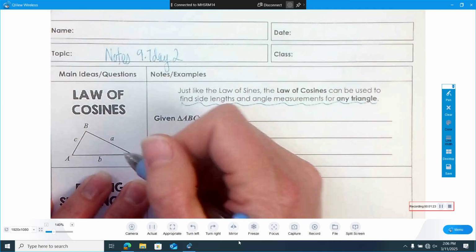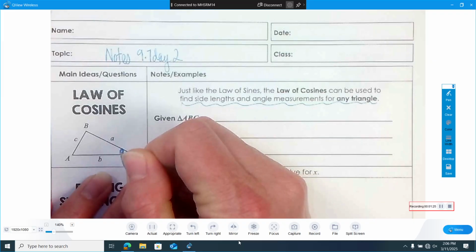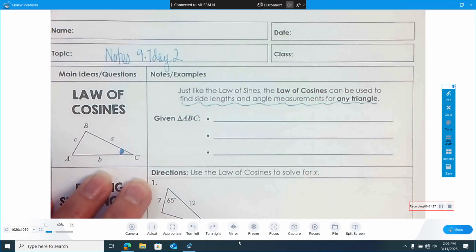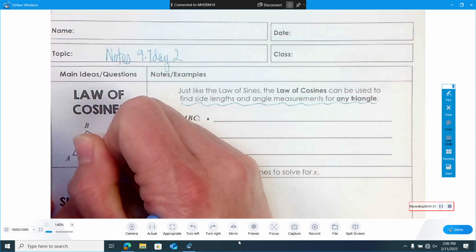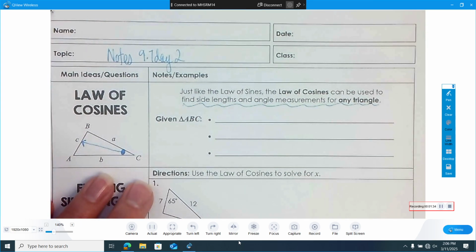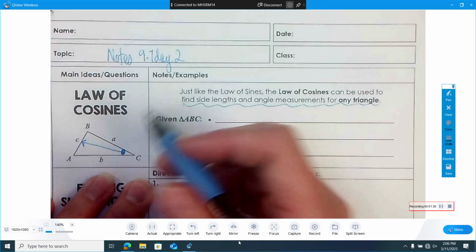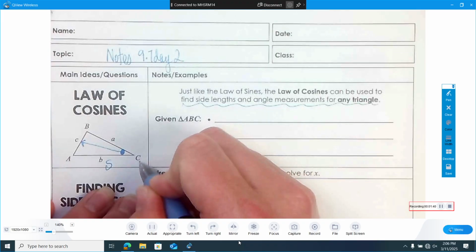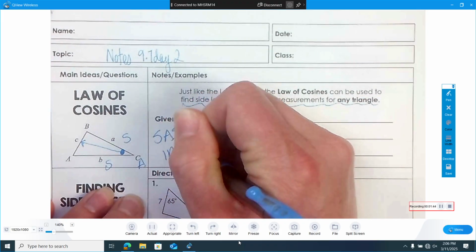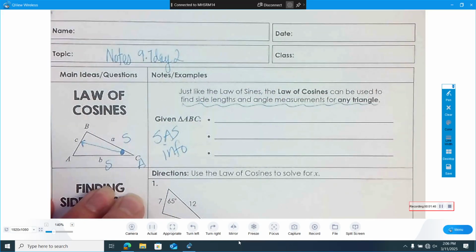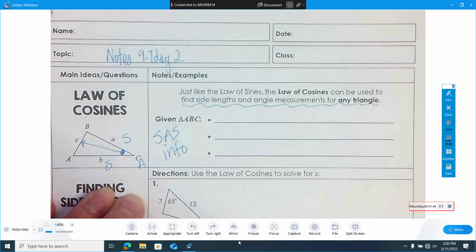Today, we're going to have an angle measure, and in this case, I'm going to go with angle C. And there's its opposite side length c. We use law of cosines when we get the side angle side info. So side angle side info is what we're going to be given today. And really, it's just a pattern.